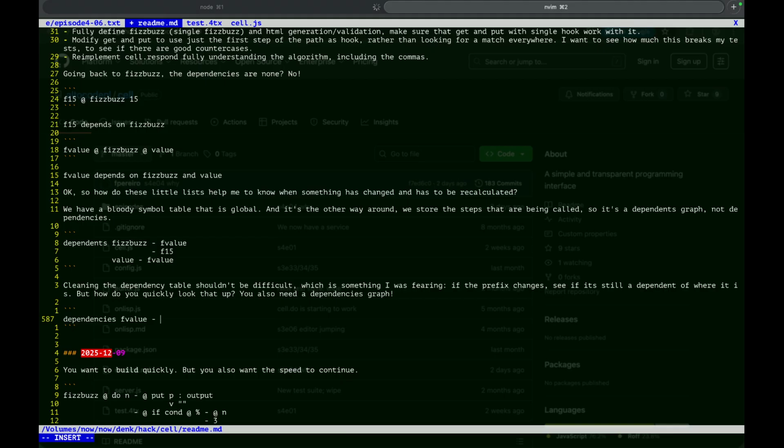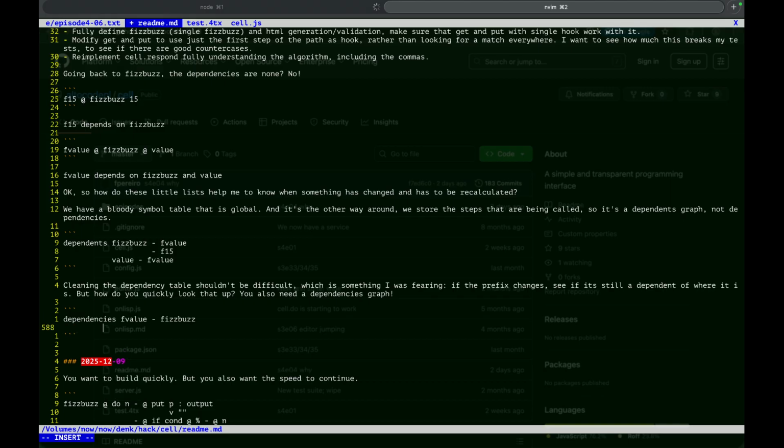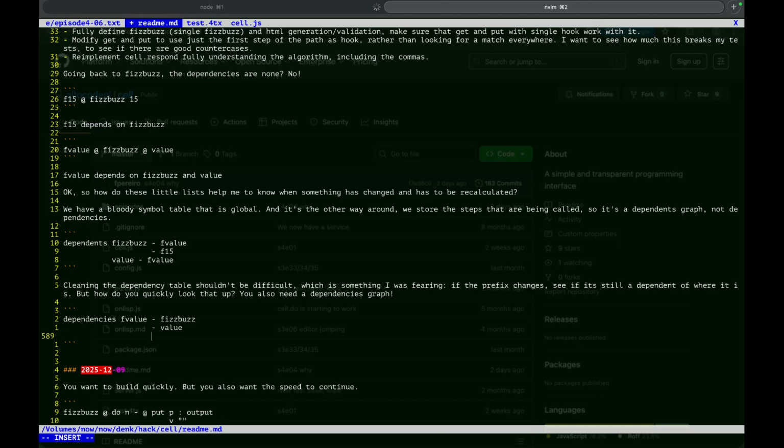F value depends on phase pass. And then F15 depends on phase pass. Yeah, that's it.